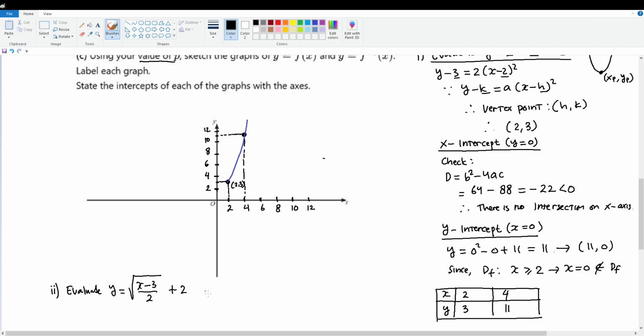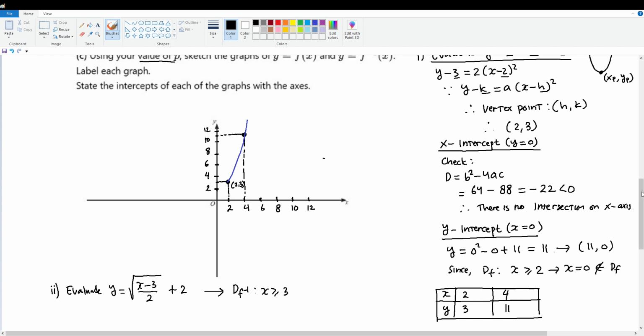Now, for this one, you need to remember that the domain of the inverse function of f(x), x must be greater than or equal to 3. So you can start the point from x equals 3.